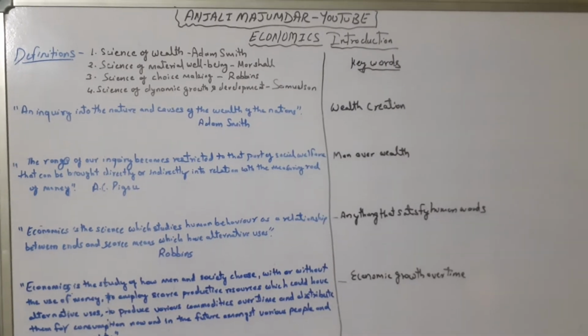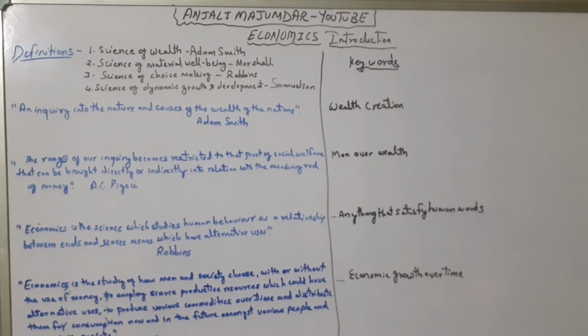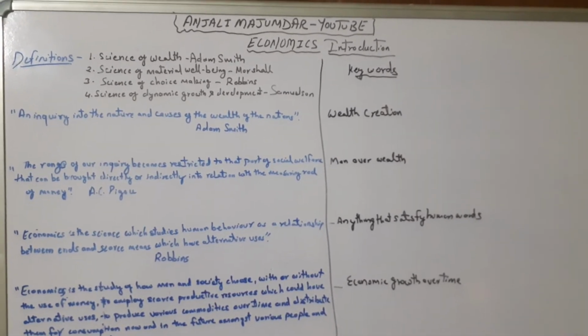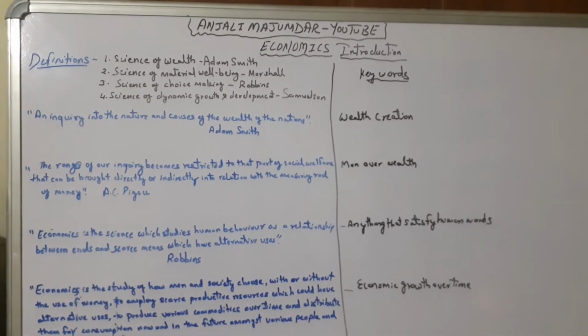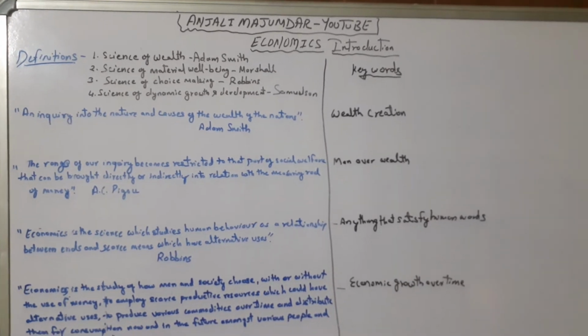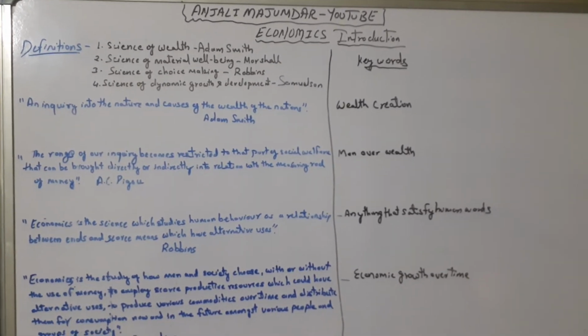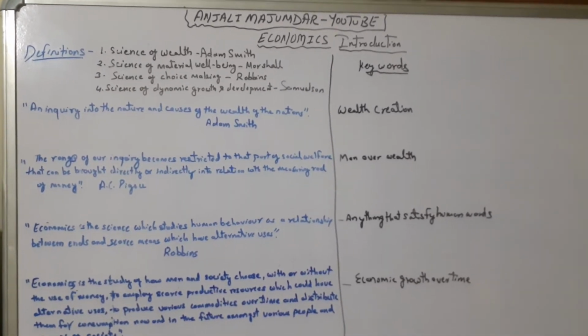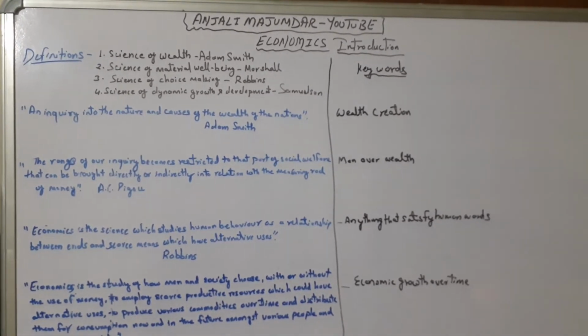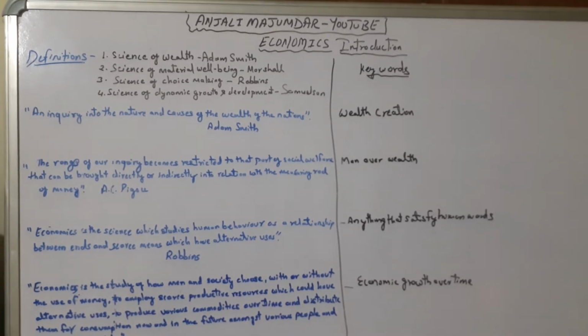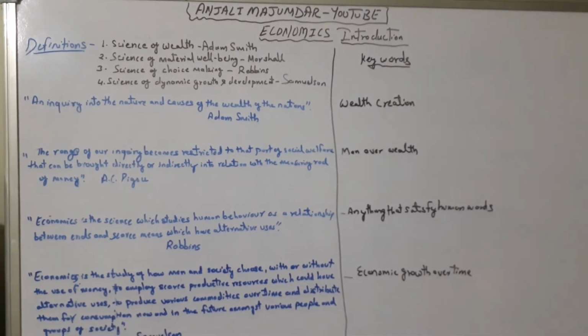If a country is able to create wealth, or if there is an equitable distribution of wealth, then the problem of unemployment and poverty can be solved. But this definition has been criticized on the ground that you cannot consider only wealth to be the moving factor for any economy.